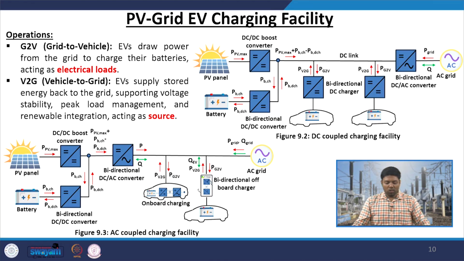Now, whenever your EV is charging from the grid, how can you connect the EV chargers or EVs with your existing AC grid facility? Generally, an electric vehicle is a battery, right? It is none other than a battery.